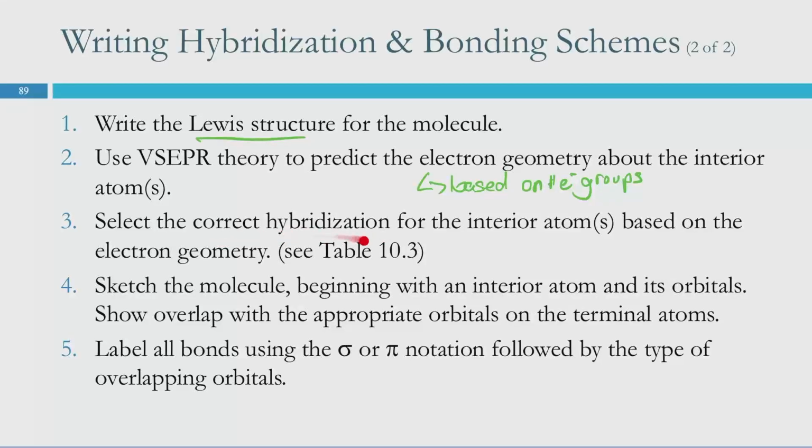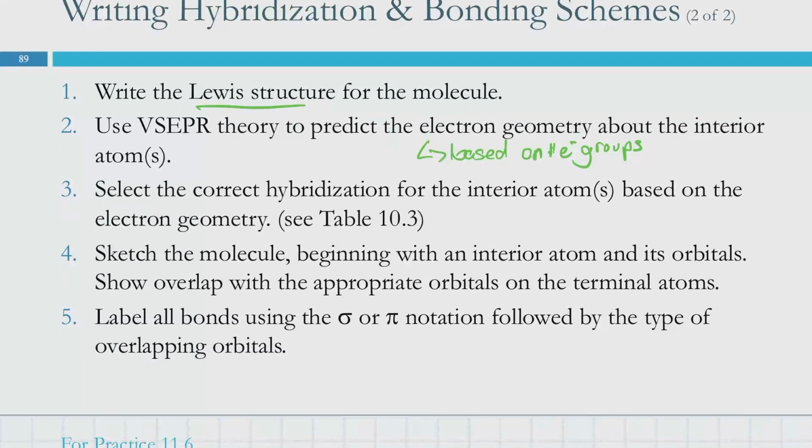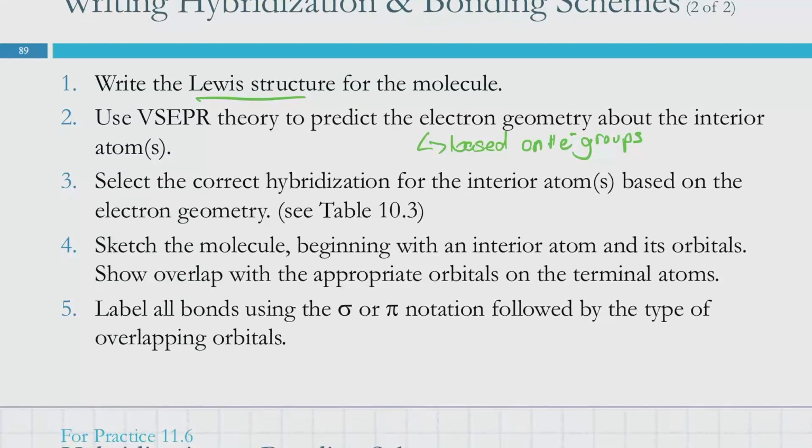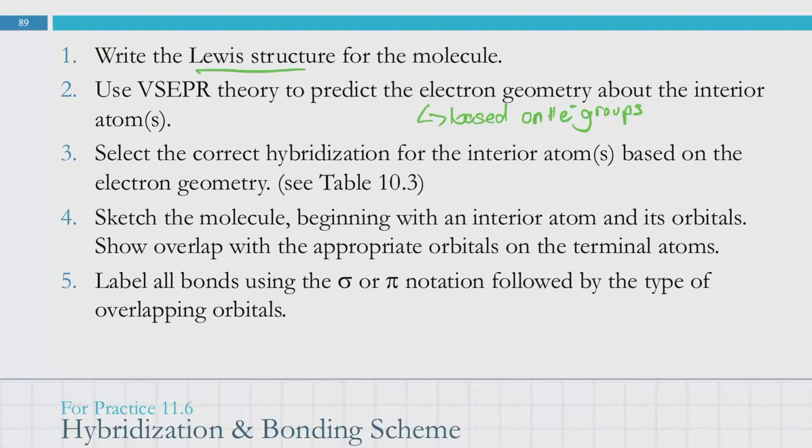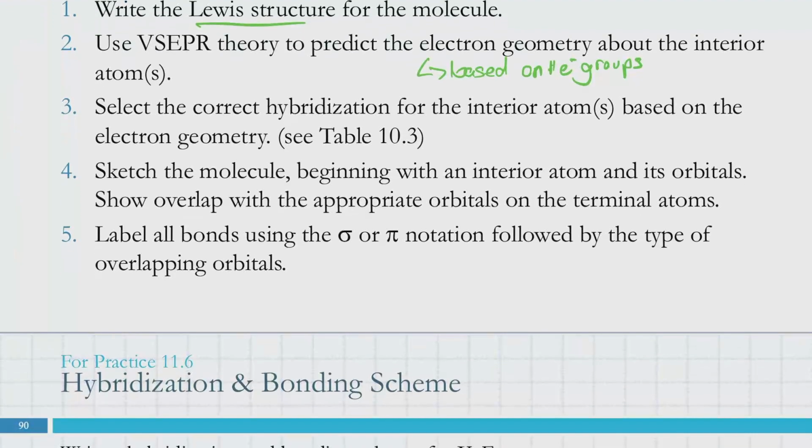Then you fit the correct hybridization based on those number of electron groups. And then you can sketch the molecule if necessary. And we can label with sigma or pi notation, as well as the type of overlapping orbitals. Let's see what this looks like.